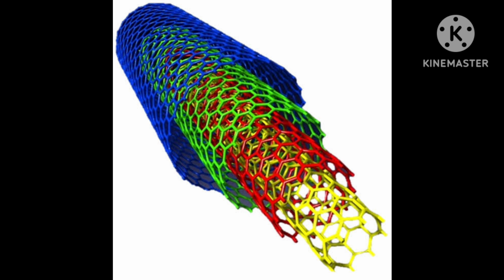And third, two dimensional. Two dimensional means length and breadth. And three dimensional means length is there, breadth is also there, thickness is also there.